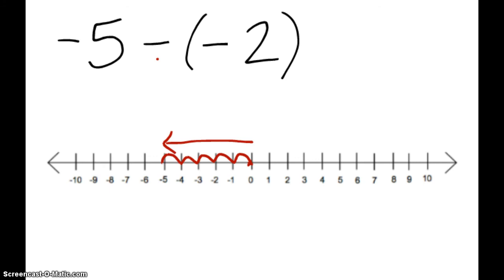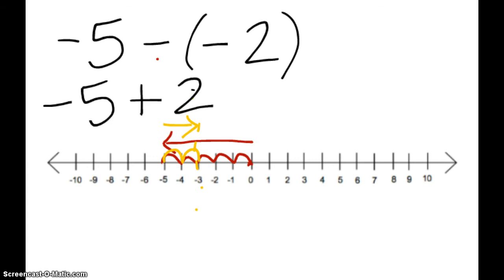So that means I've got to move back to the right 1, 2 spaces. So I end up right here at negative 3. So negative 5 minus negative 2 is the same thing as negative 5 plus a positive 2. I changed my minus to plus, and the opposite of negative 2 is positive 2.